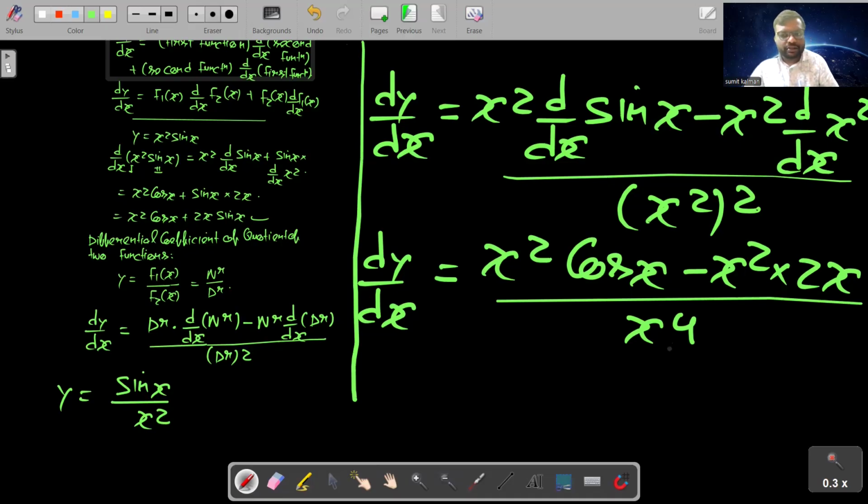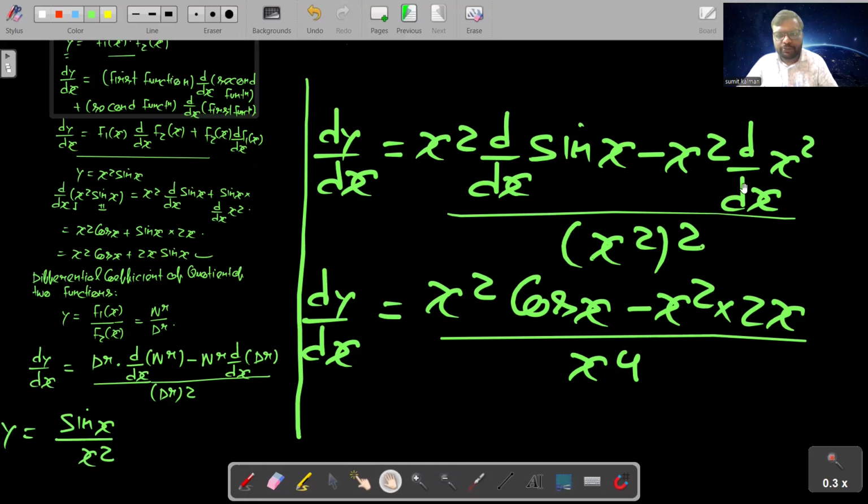Sorry, here it will be a bit different. Here it is minus numerator into d by dx of denominator.